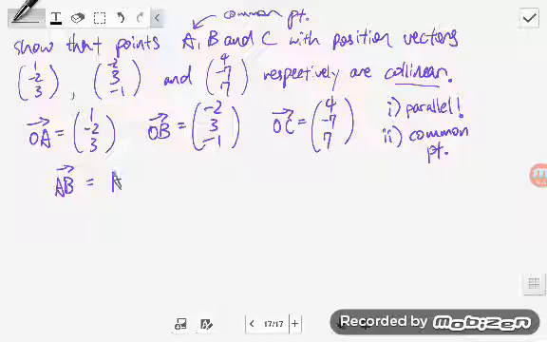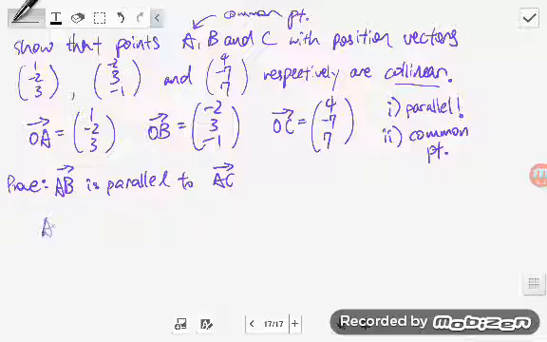AB is parallel to AC. My point A is now my common point, and we need to prove this. If I can prove this, then since I have point A being the common point, I have proven that the points ABC are collinear.